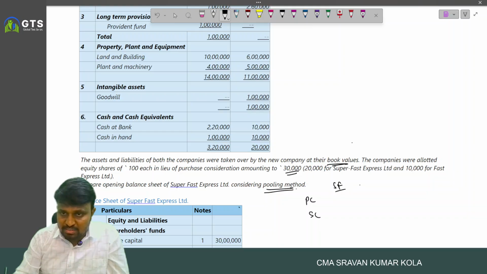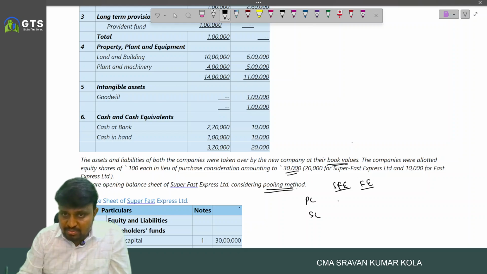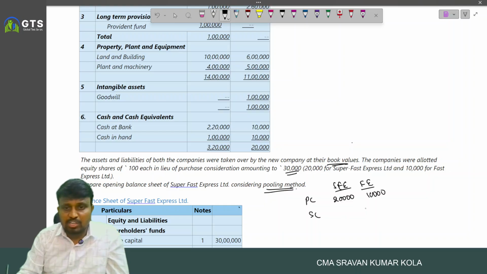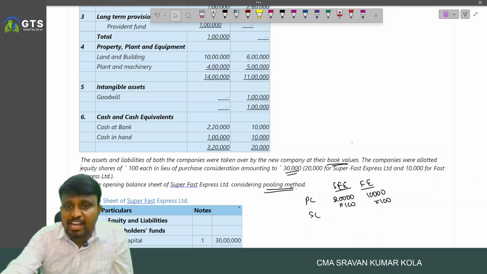Superfast Express Limited and Fast Express Limited. So PC is how much? 20,000 and 10,000 into 100. What is the share capital?